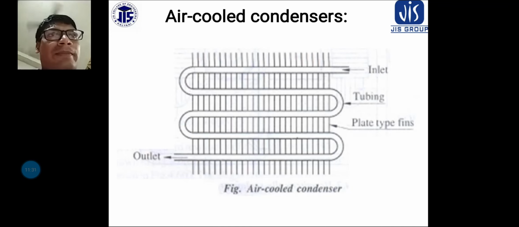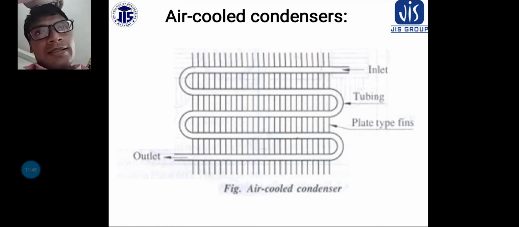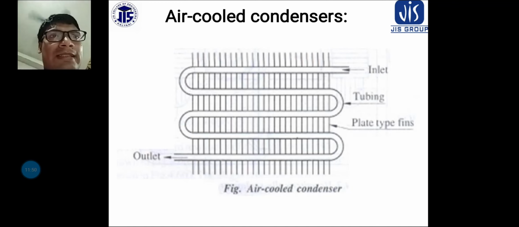In the engine, the outer cover is made of aluminum or steel or the like, and the fins are there cooling down the engine.